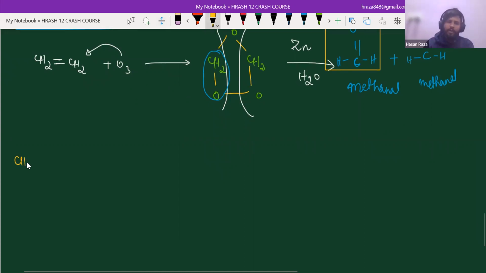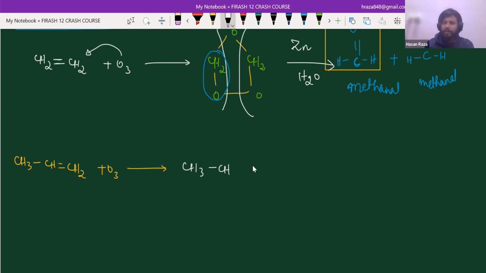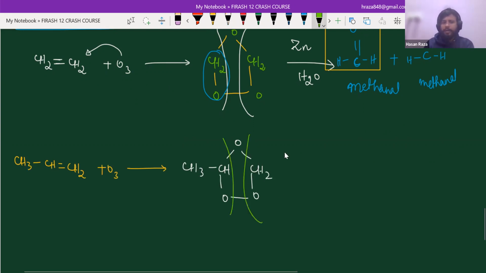Okay, now see here. If you have propene or any alkene, just follow my instruction. If you are going to react this with O3, make a home alongside the double bond. The rest of the part will be as it is, make a home and then break the home. Now pass it through zinc and H2O, that is hydrolysis.